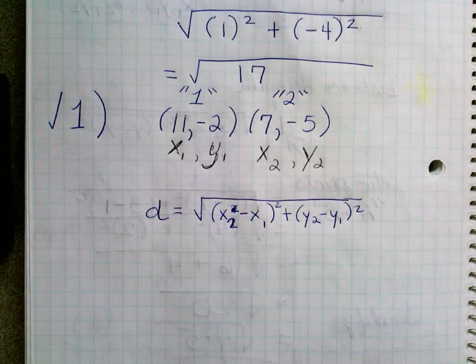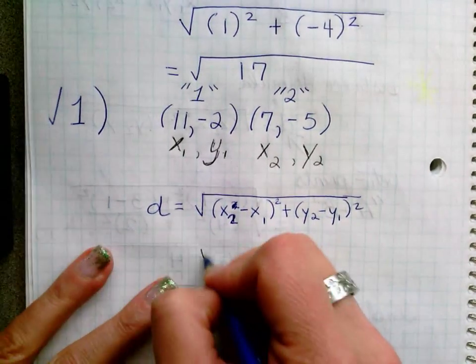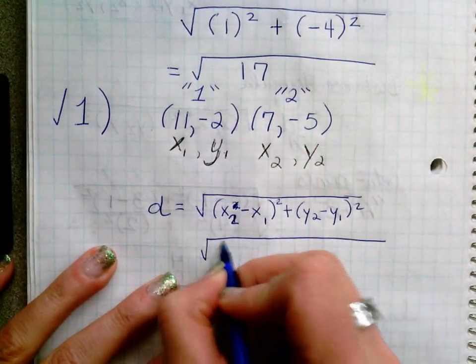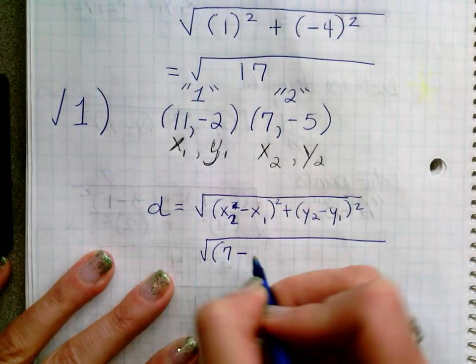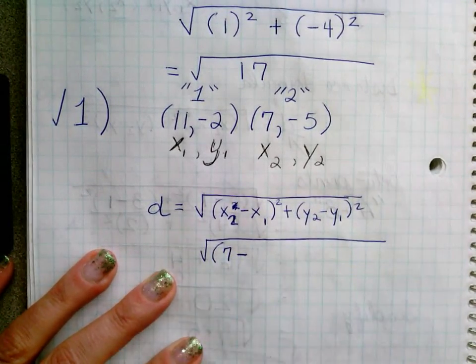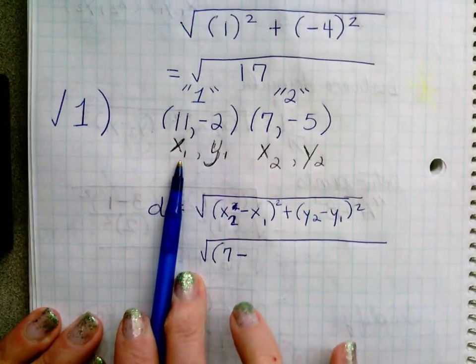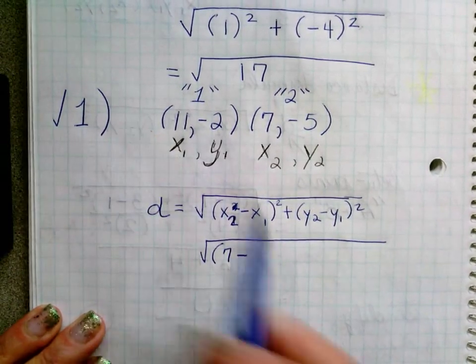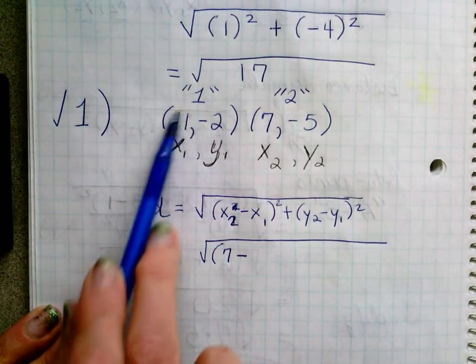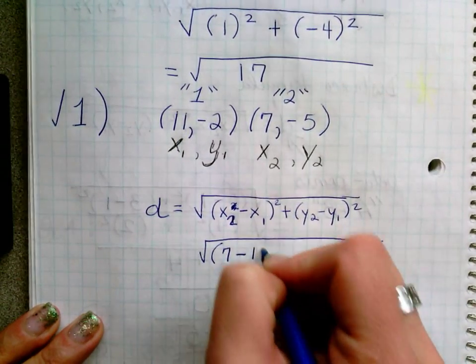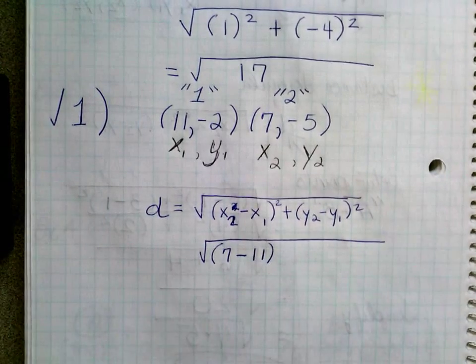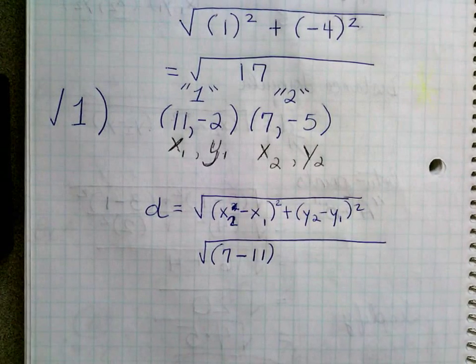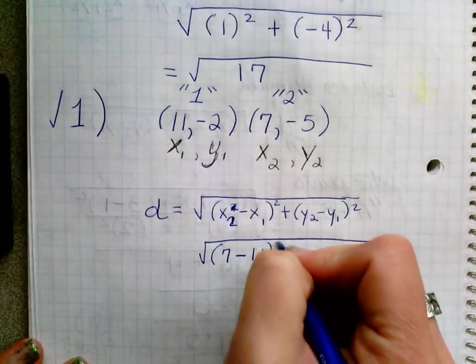X sub 2. Ben, where's x sub 2? What number? 7. Great, very good. And x sub 1. X sub 1, Brandy Lou, what's x sub 1? Say again? 11? Good. This fan just kills me. I have such a hard time hearing, so I apologize. I just can't hear good.